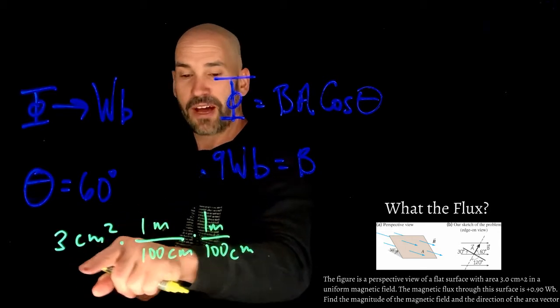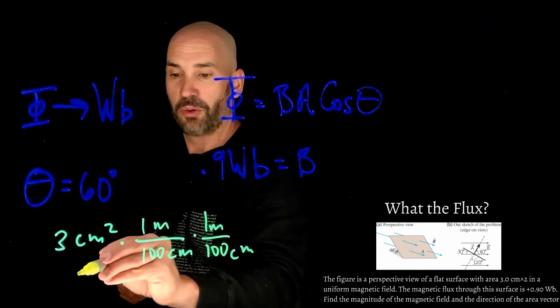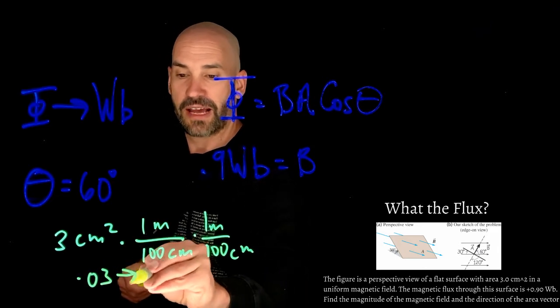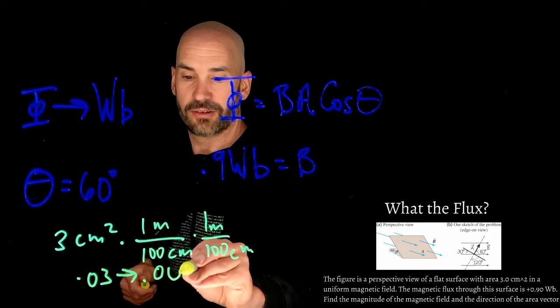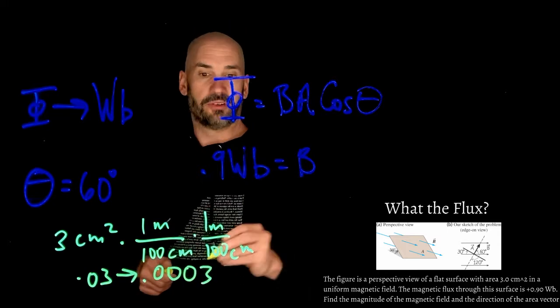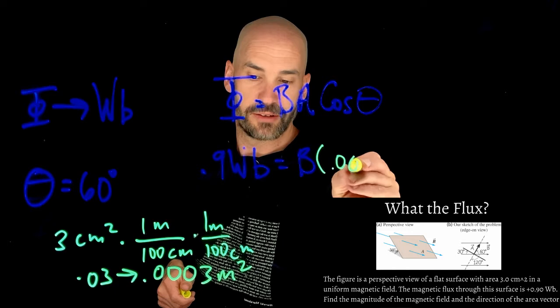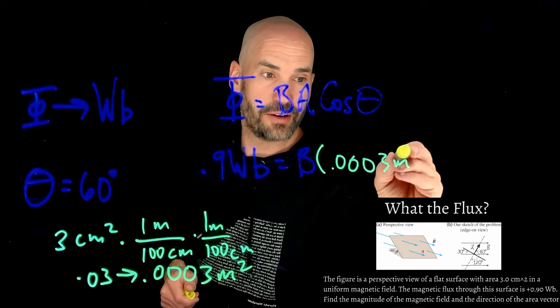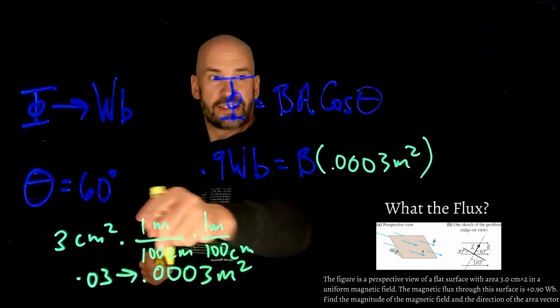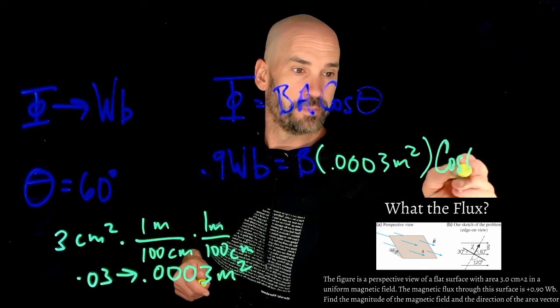So 3 divided by 100 is 0.03, divided by another 100 is 0.0003. So that area is 0.0003 meters squared. And remember, our angle again is 60 degrees, so that's cosine 60.